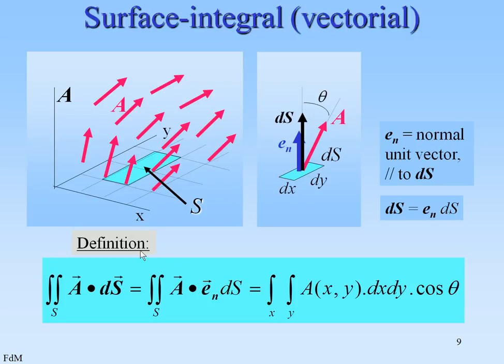And the definition of the vectorial surface integral is the surface integral of the vector times the normal, and that's a scalar product, and it can be written as the normal vector times the value of the surface element, and in this case it will be the vector A times the cosine theta, and the cosine theta is the angle between the local direction of the vector field and the normal vector on the surface.